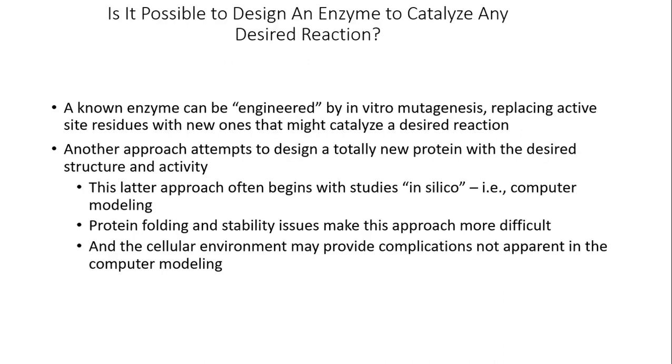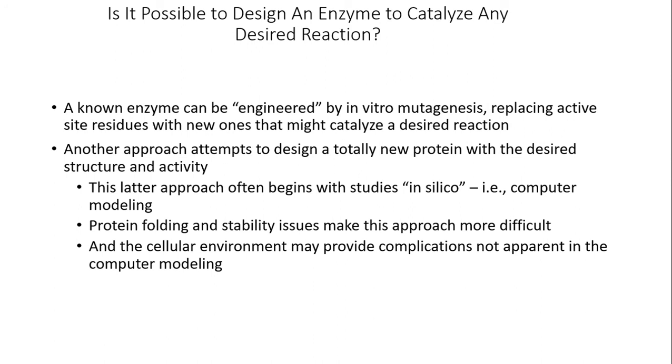So is it possible to design an enzyme to catalyze any desired reaction? You can engineer enzymes by mutagenesis in a test tube and replace active site residues with new ones that might catalyze a desired reaction. We aren't going to get into any discussion of how that might occur as far as the technique goes.